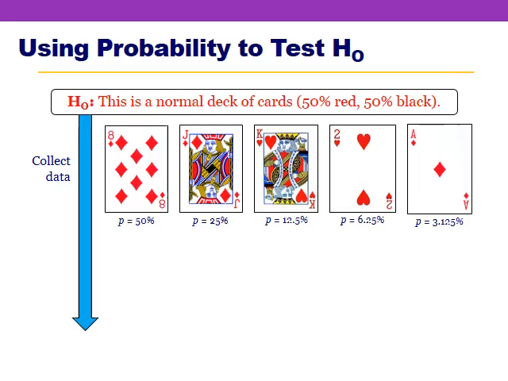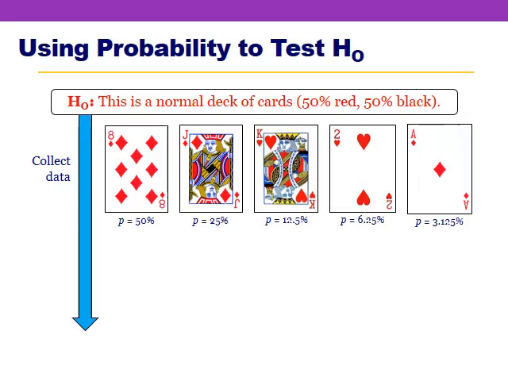If you look under each of these cards on the screen, it actually tells us the actual probability. So the probability of drawing 1 red card in a row is 50%, right? It's a 50-50 shot. And then every subsequent red card, that probability gets cut in half. So the probability of drawing 2 red cards in a row from a normal deck of cards is 25%.